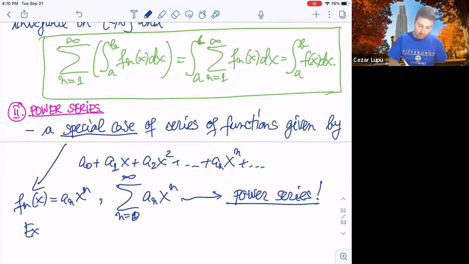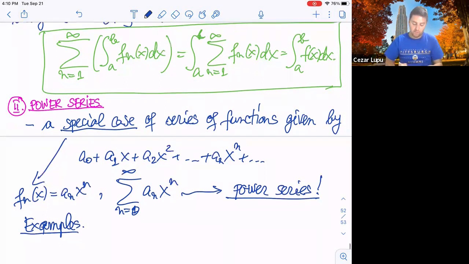So we're wondering about examples. For example, we can have power series which are convergent at the origin.